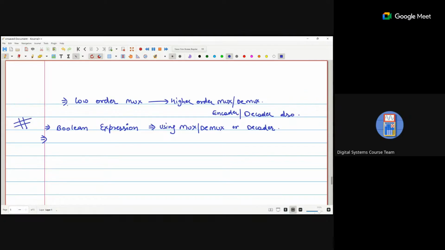Second, if we implement a higher order Boolean expression using lower order mux, demux, encoder, decoder, then how we can implement.